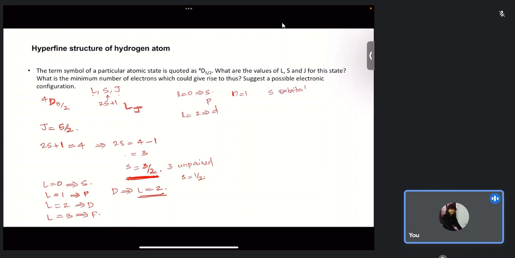When n is equal to 2, it can have s and p orbitals. When n is equal to 3, you can have s, p and d orbitals. So the configuration should at least have n is equal to 3, and it has three unpaired electrons in its d orbital.